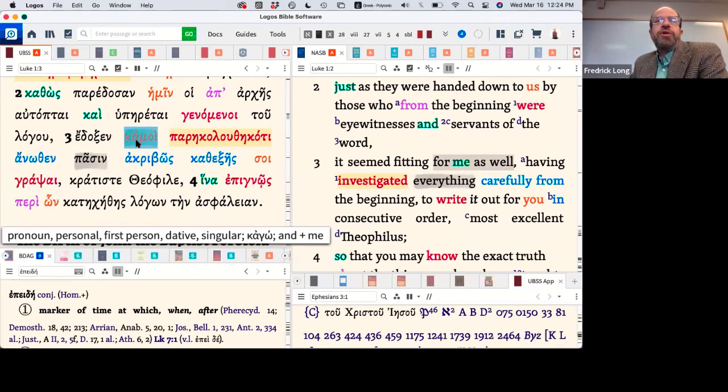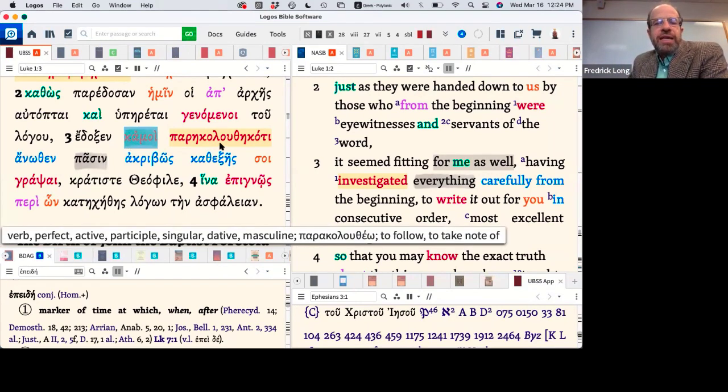Rather than mou, you can have emou, and whatnot. Now, because this has a ke added on the front, a kai or a ke, this is already adding something different, and for prominence, adding Luke to the picture, even I. So it seemed good also to me, for me.